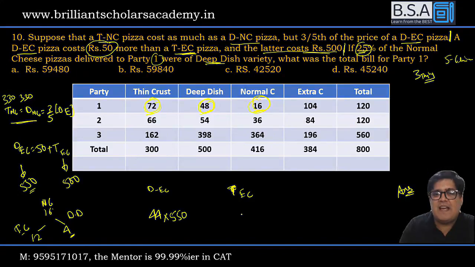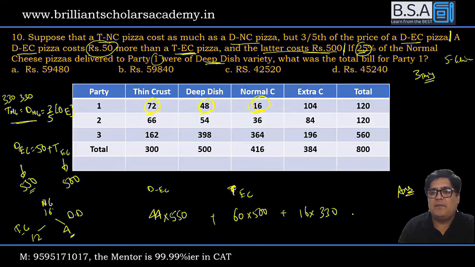Isme se 12 jayega to 60 have a price of 500 and 16 into 330.